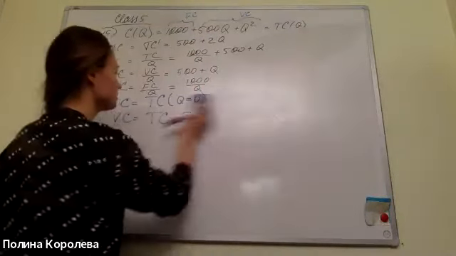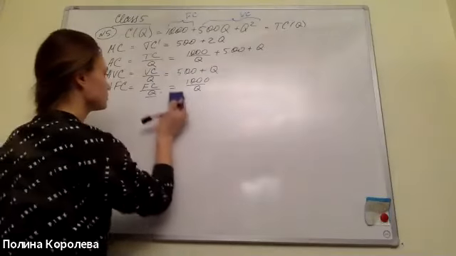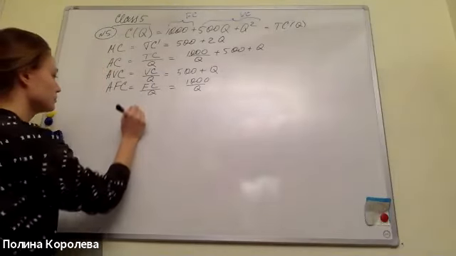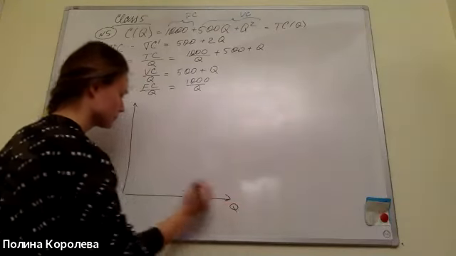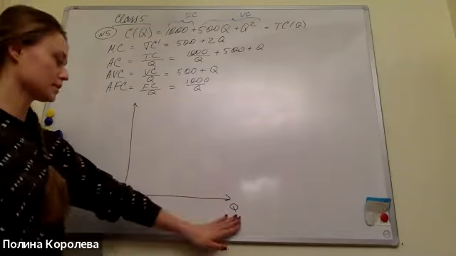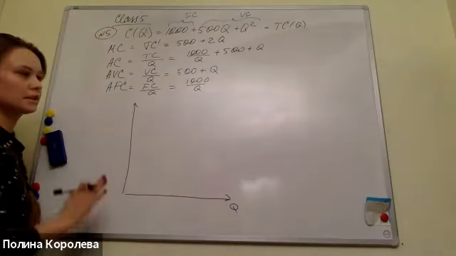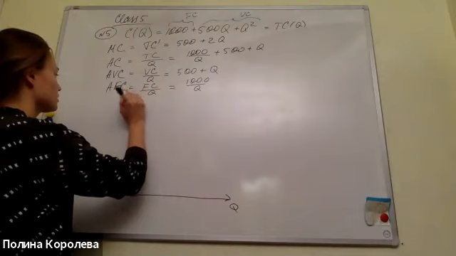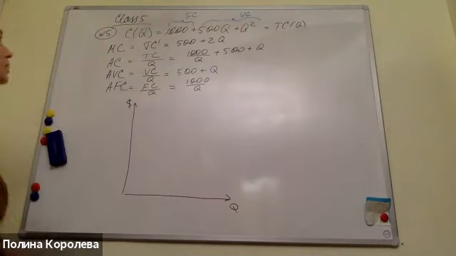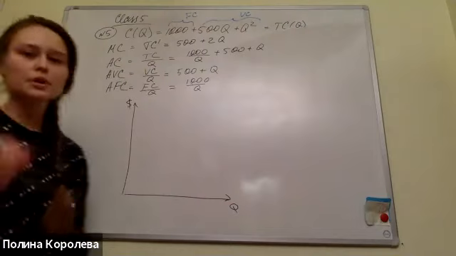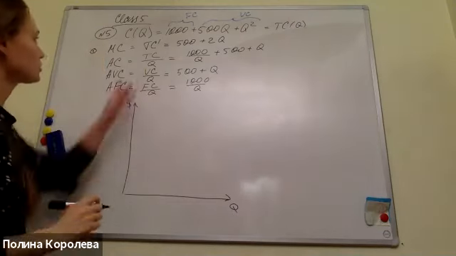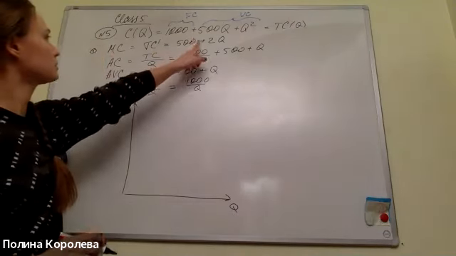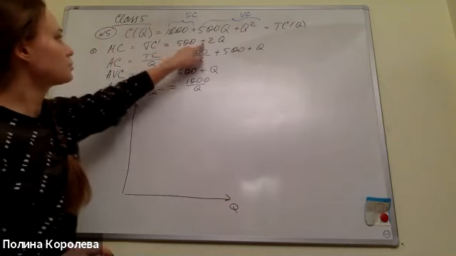I'll start from here. Horizontal axis quantity, and vertical axis everything that is in money terms. So we always start from marginal costs. 500 plus 2Q.